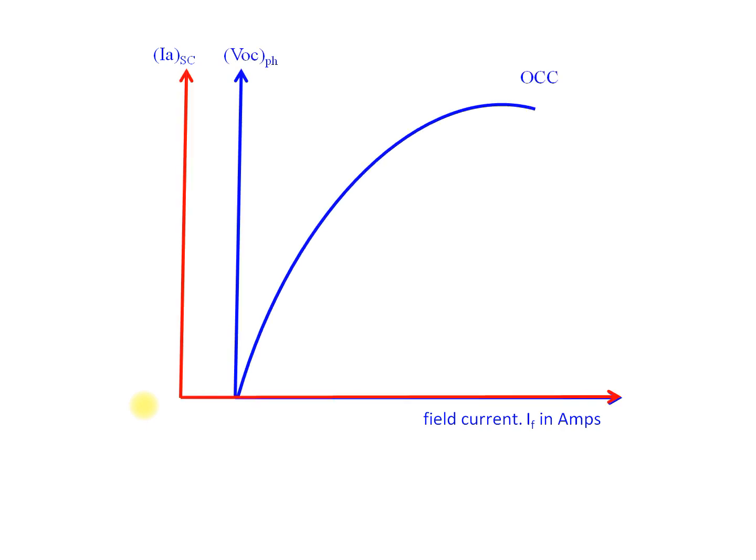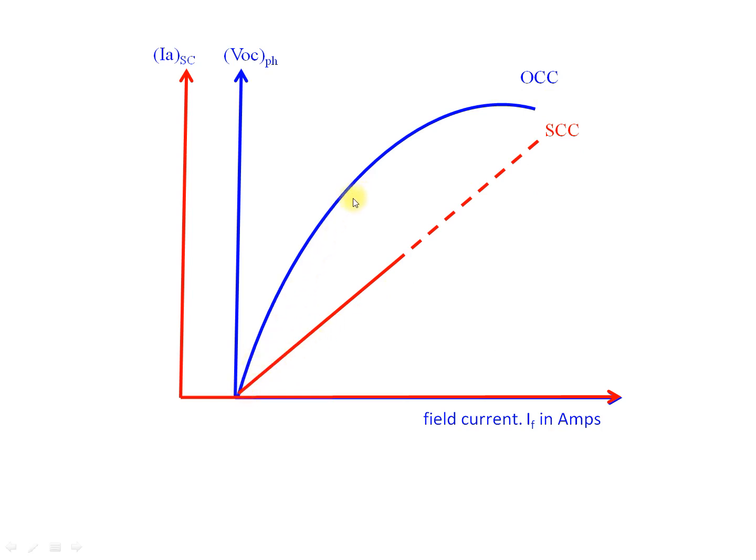So how will our curves be? This is our curves. The first curve is our open circuit characteristics curve, between the open circuit voltage and field current, and the other characteristic is the short circuit current versus the field current. So this VOC versus IF is the open circuit characteristics, and short circuit current versus field current is the short circuit characteristics.